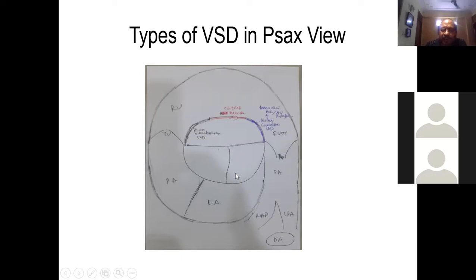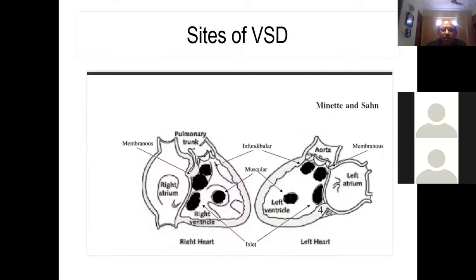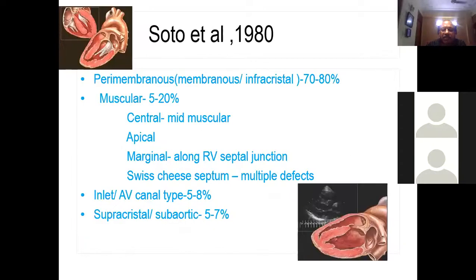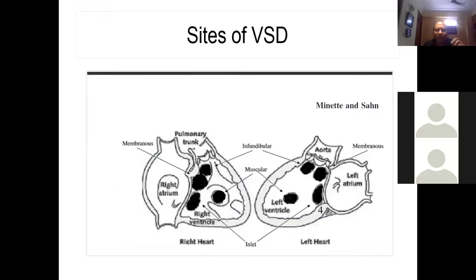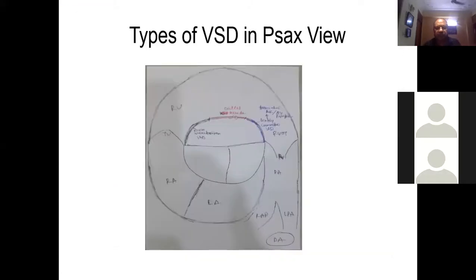The classification available for VSD is innumerable, and the most commonly used classification even today is Soto's classification, present from 1980 onwards. Soto was a really great person, a Japanese who made our work easy.